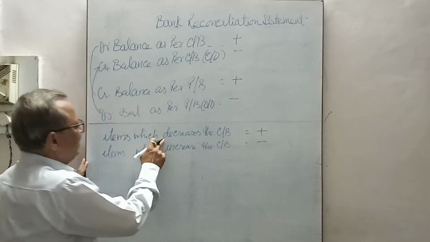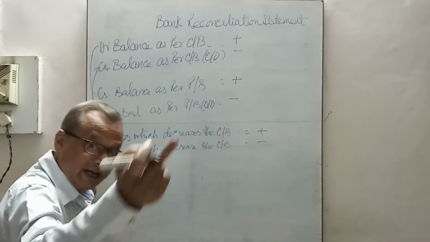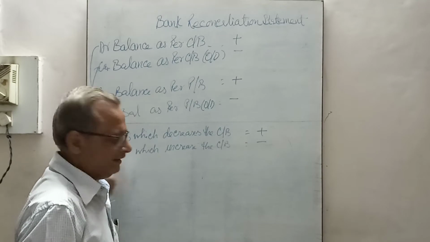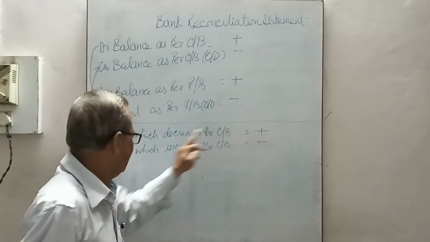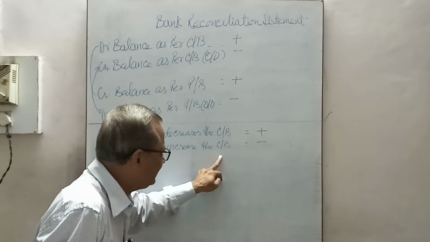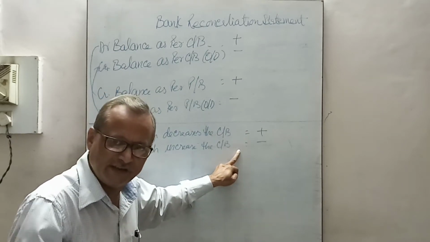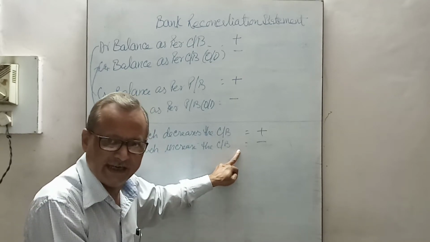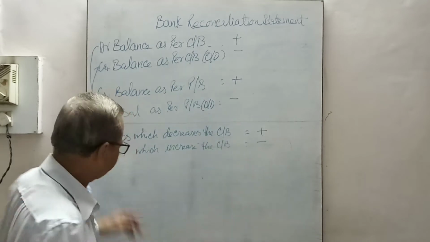What is the meaning of it? Items which decrease the cash book in comparison to the passbook should be plus, then it becomes equal to the passbook. Items which increase the cash book in comparison to the passbook, reduce it, and it will become equal to the passbook. Vice versa in the passbook.